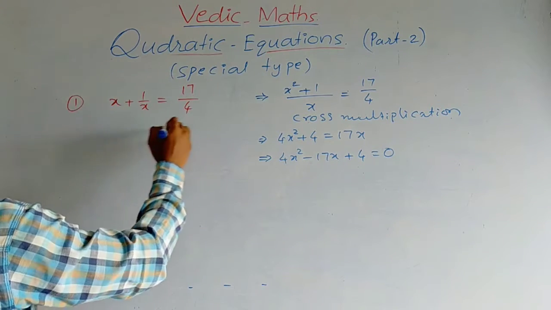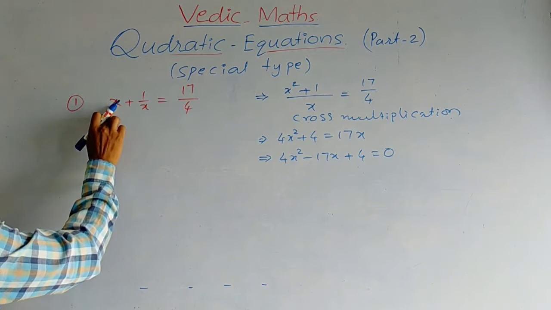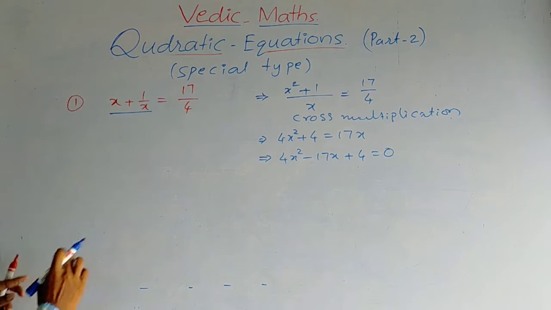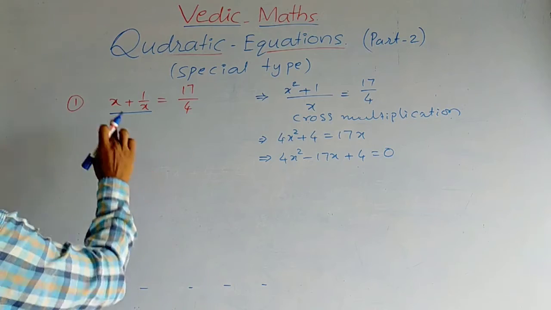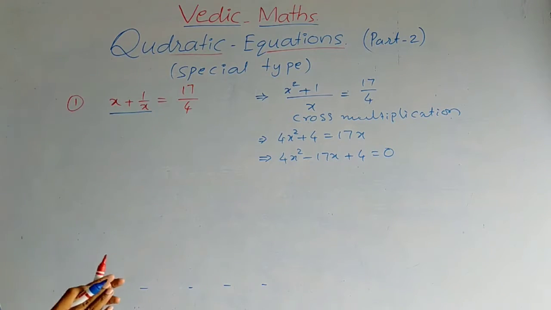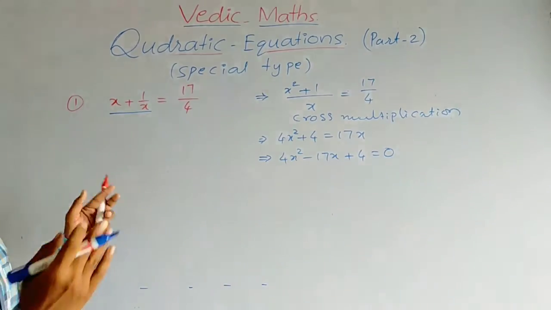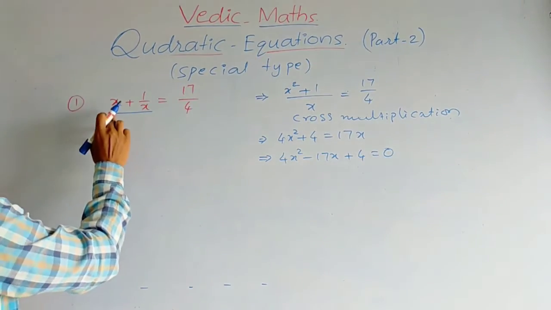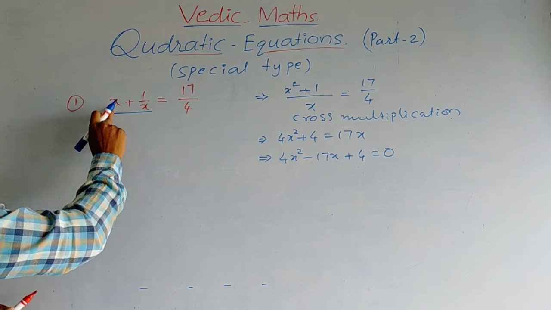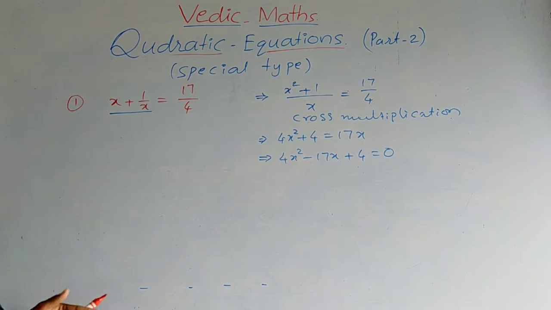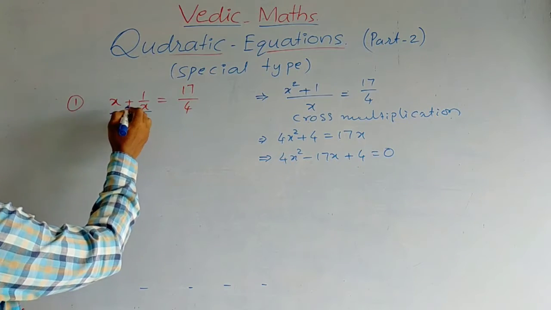It is a special case of equation. Why? Because you see here the left hand side, x plus 1 by x. As we know, x and 1 by x are both reciprocals of each other. That means multiplicative inverses. What is the multiplicative inverse or reciprocal of x? 1 by x. And the reciprocal of 1 by x is x.